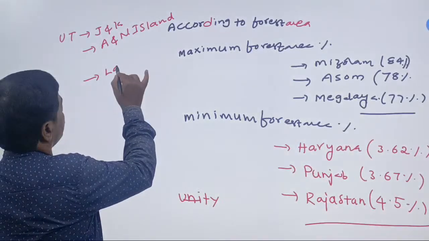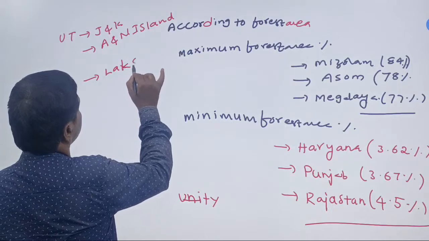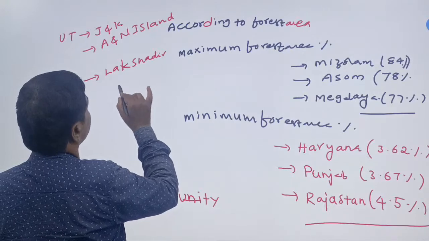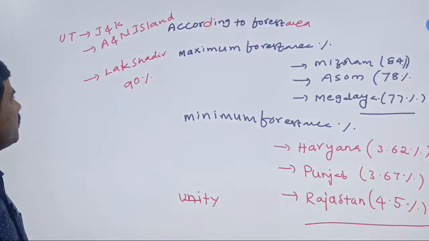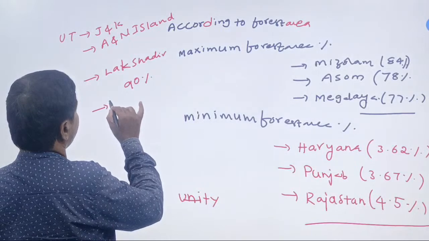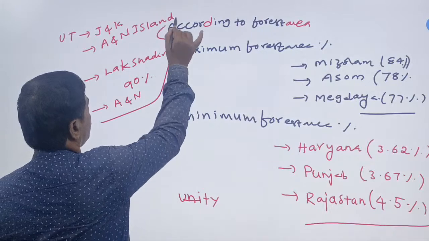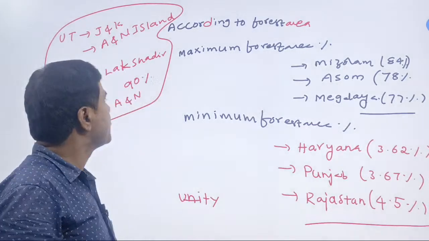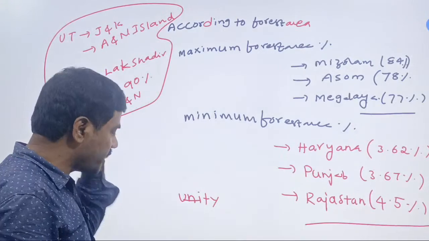It is Lakshadweep, which has 90% forest area. Next highest percentage is in the Andaman and Nicobar Islands. Okay, this is about the status of forest area in union territories.